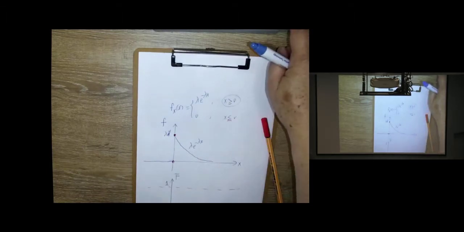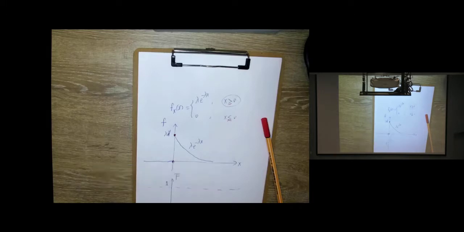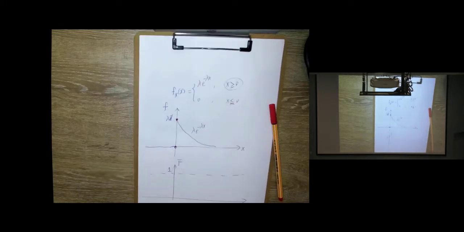Let me make it a bit smaller. Okay. So it would be something like this. It would be 0, and then it is actually like this. All right. So again, it will never cross or even touch this line, but it's just getting closer and closer.